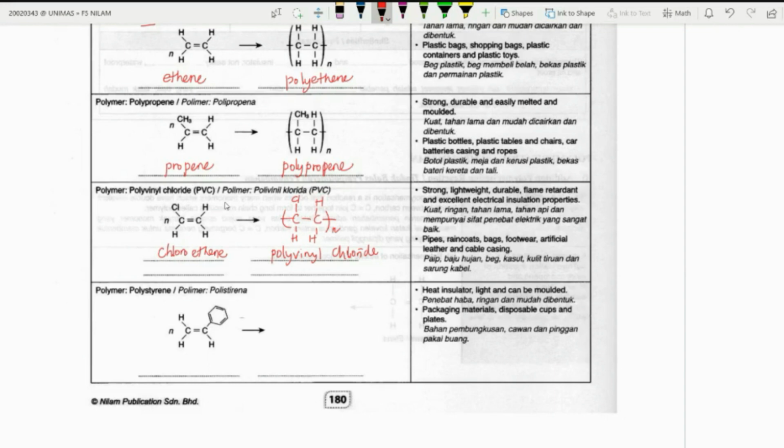For this one, Clement, what is this? It's polystyrene, right? So it forms a polystyrene. If so, what is the monomer?